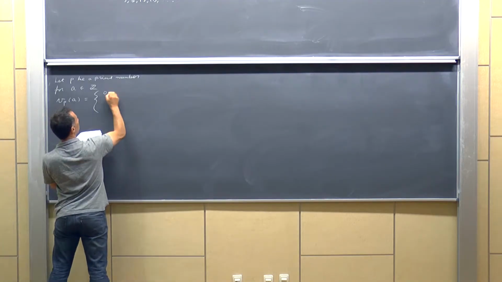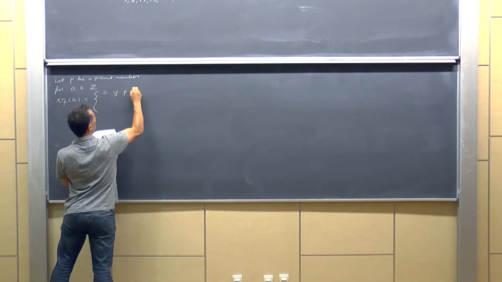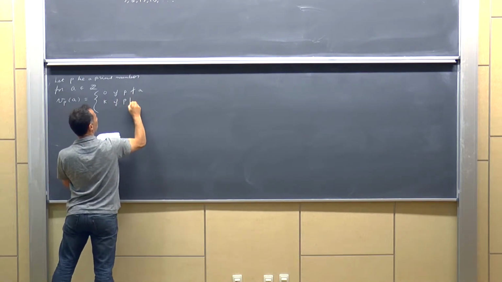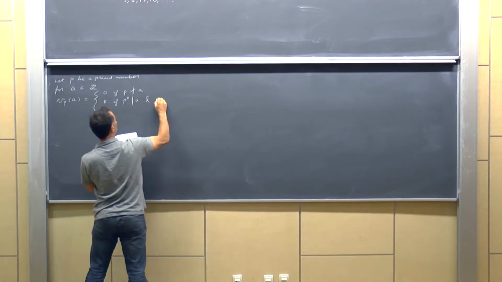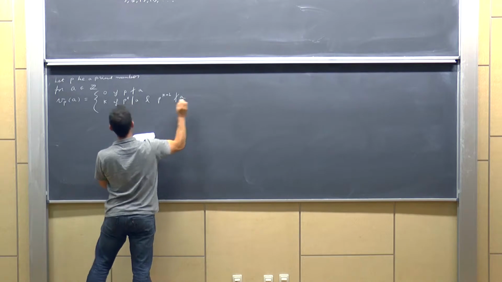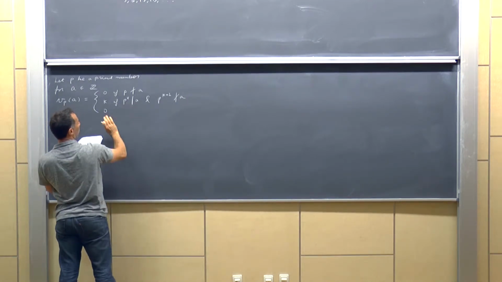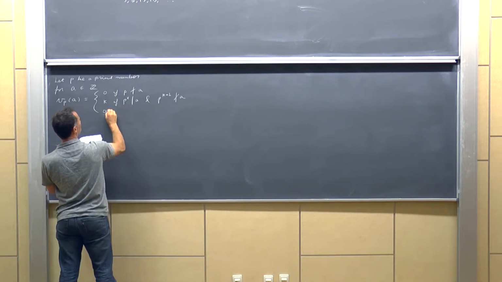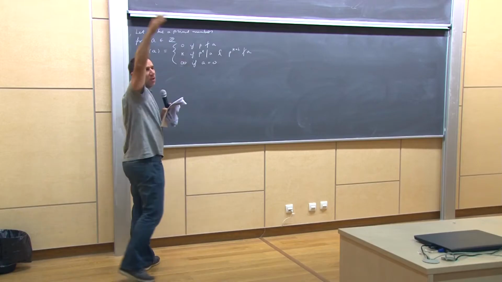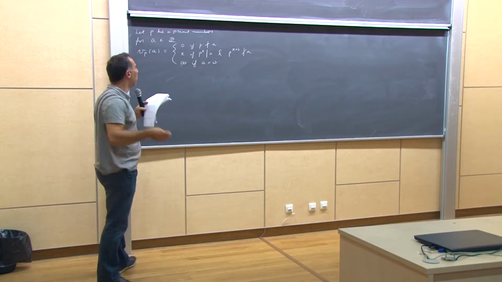So it's 0 if p does not divide a, and it's k if p to the k divides a and p to the k plus 1 fails to divide a. And just for definiteness, it's infinity if a is 0, because p to the k divides 0 for any k.